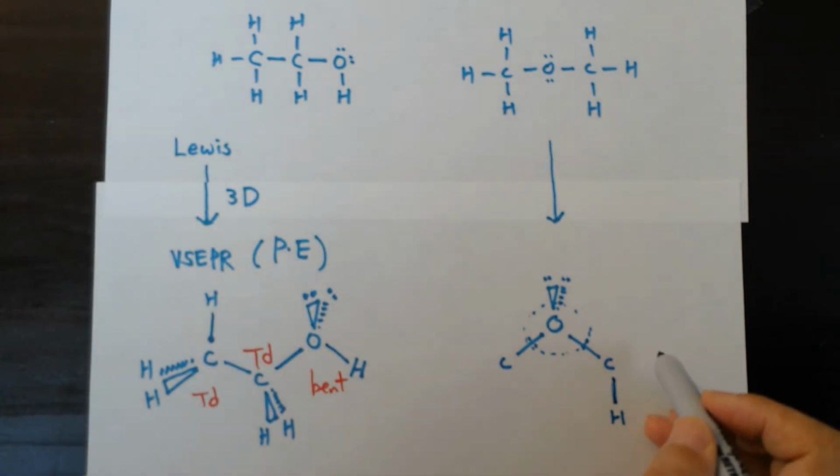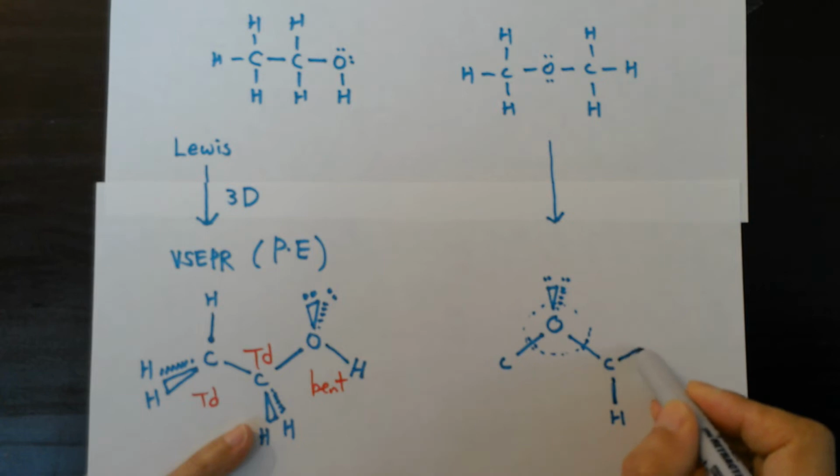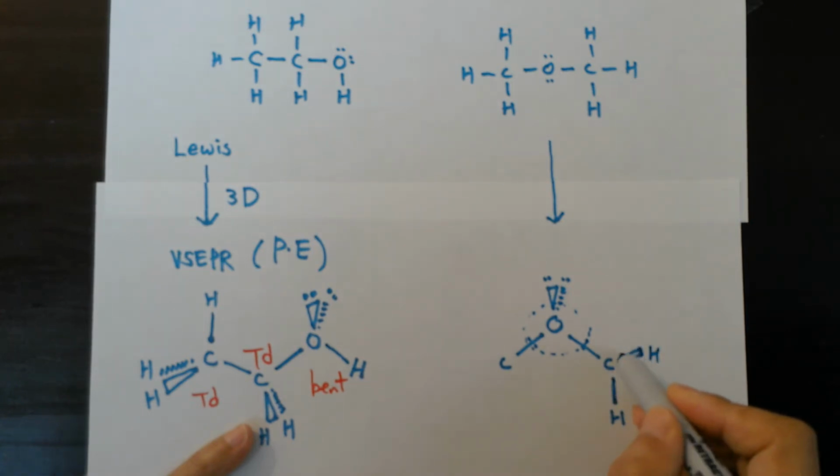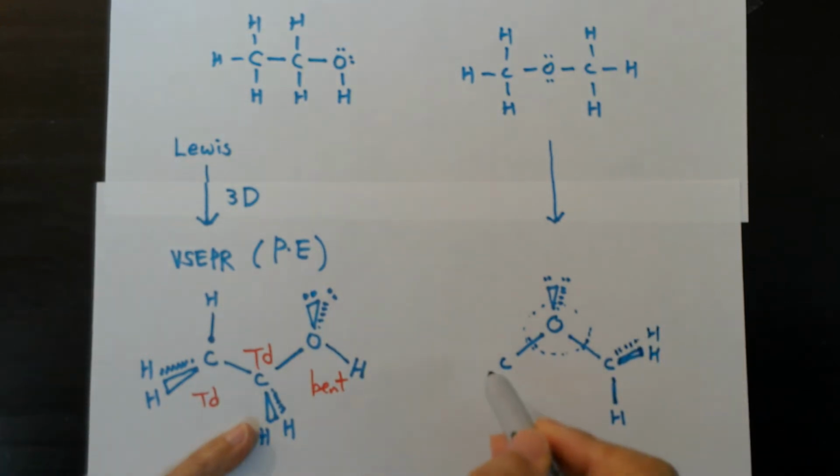Both are equally possible for now. Then in the middle of the two lines, you can put wedged line with the hydrogen, dashed line. Same way. This time, let me put solid line over here, 109 angle. 1, 2 more. So there.